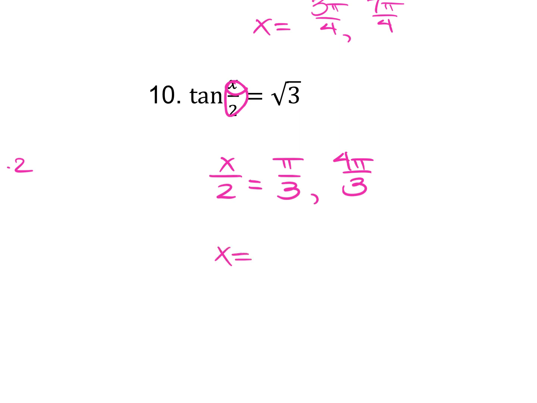So my first answer becomes 2 pi over 3. My second answer becomes 8 pi over 3. What is the problem with 8 pi over 3? It's bigger than 2 pi, which means I get rid of it. So when I multiply by 2, it often expands those out to the place that some of them are past 2 pi. The 2x is not, the x over 2 is. Okay?